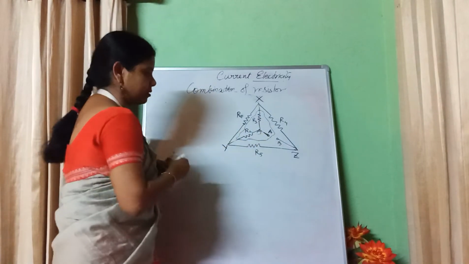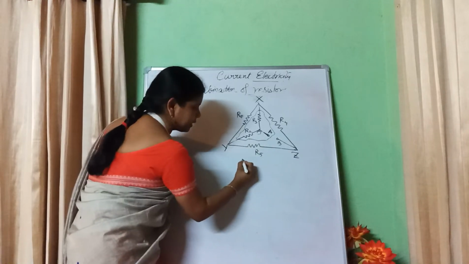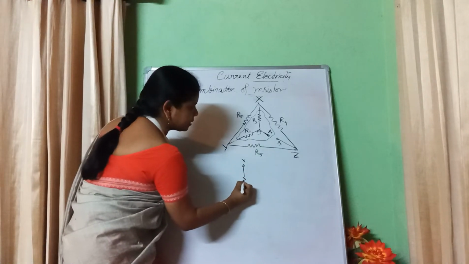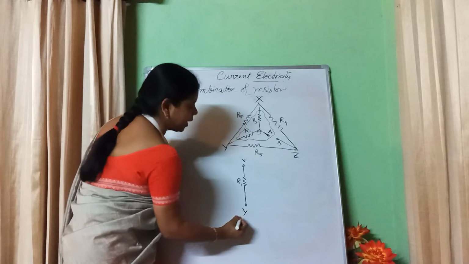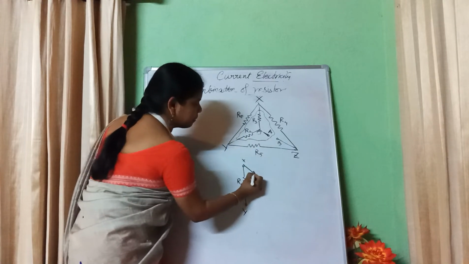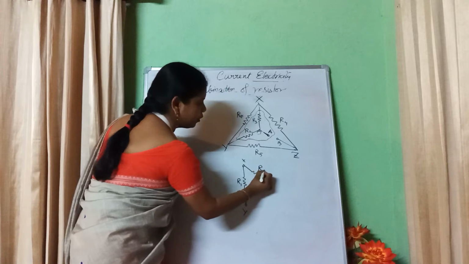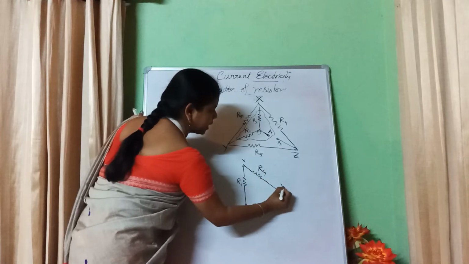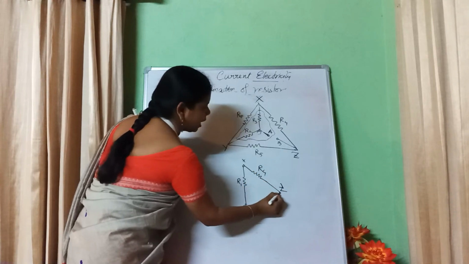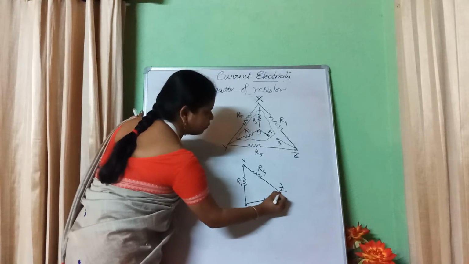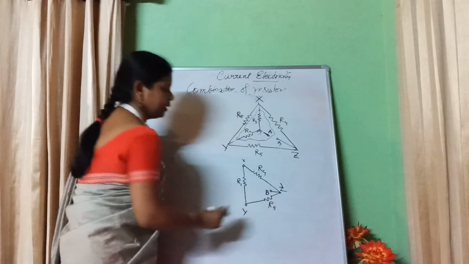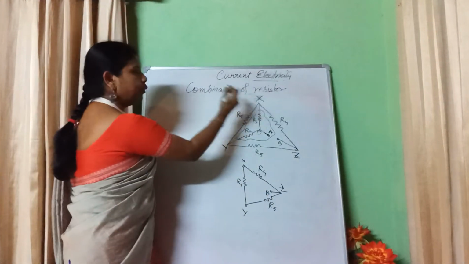Suppose this is X, and from X this is my R1 connected to Y, and from X this is my R4 connected to Z. From Z this is my R5 and from Z this is my terminal B. I have pulled it and kept it here.